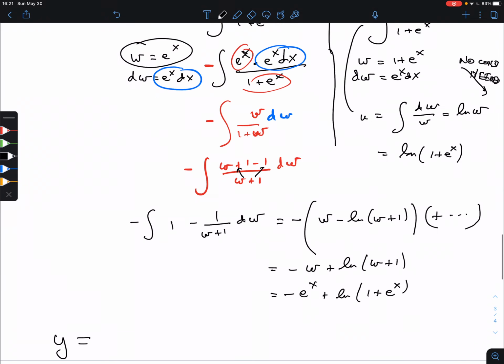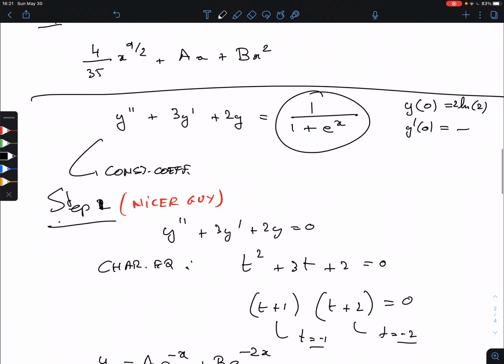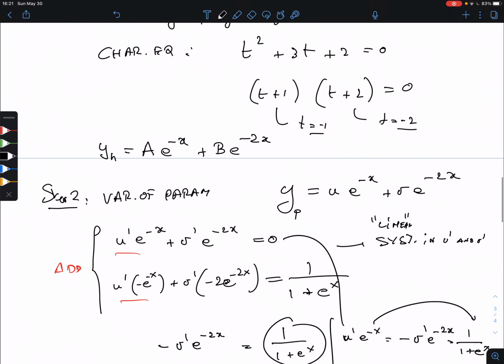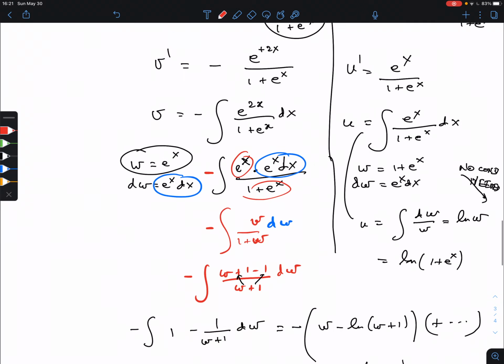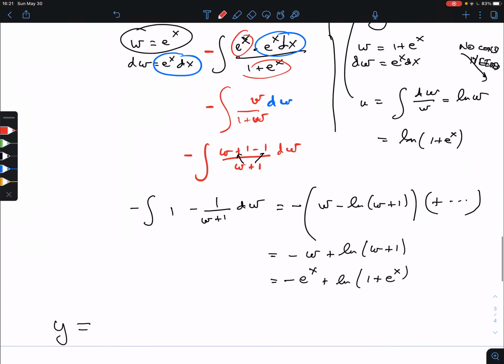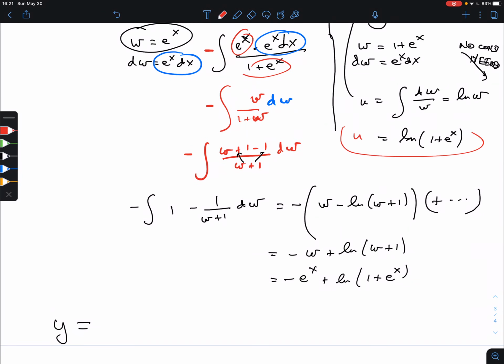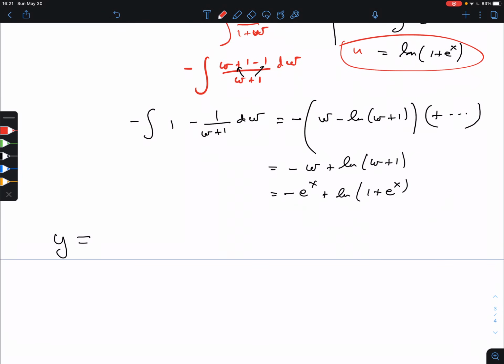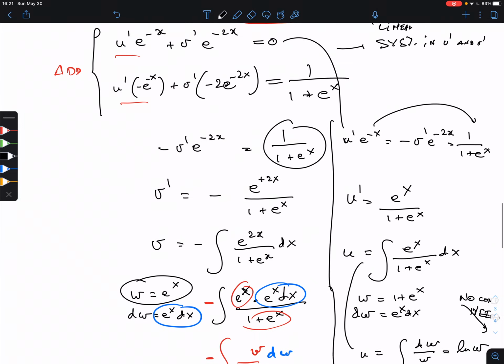Okay, let's put it all together. So now we're going back to variation of parameters here. This is the formula that I use for my particular solution. So you take u and multiply, so where is u? This was u here. So it is ln(1 plus e^x), and I have to multiply that by e^(-x).